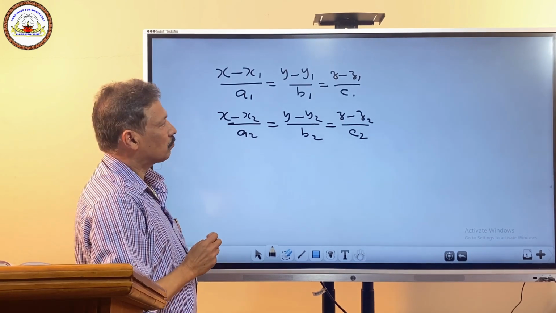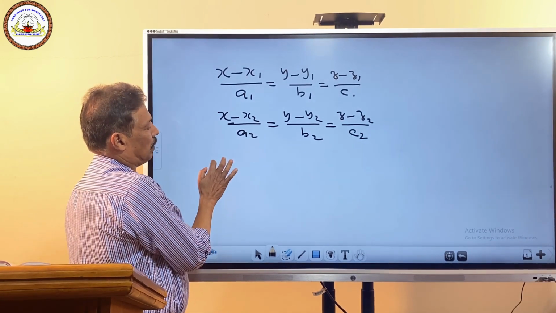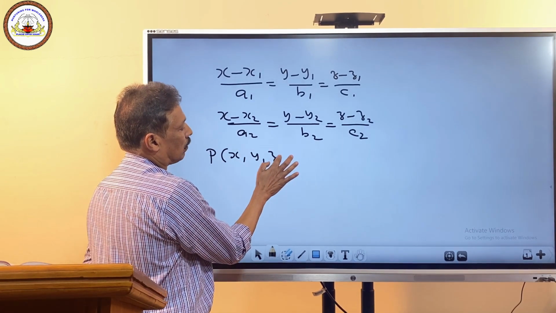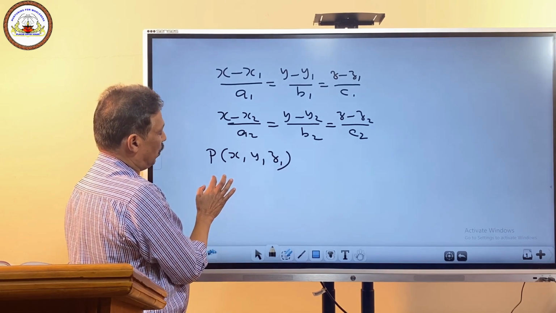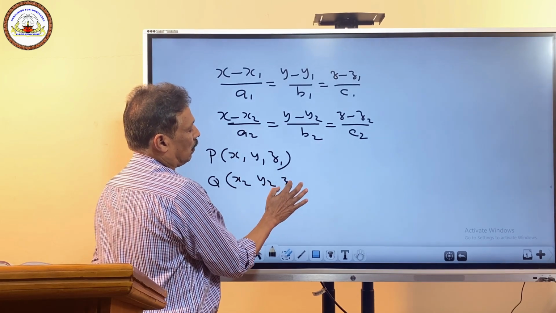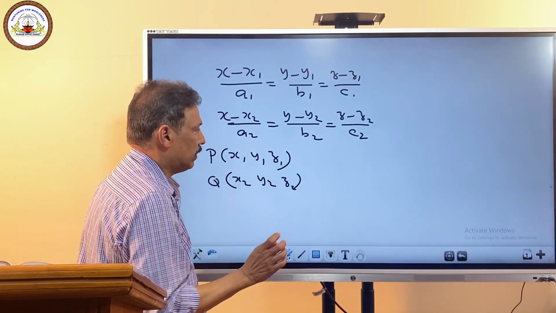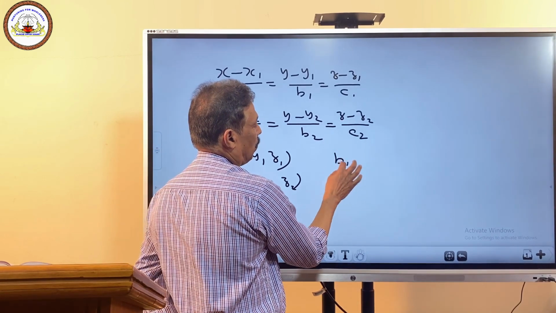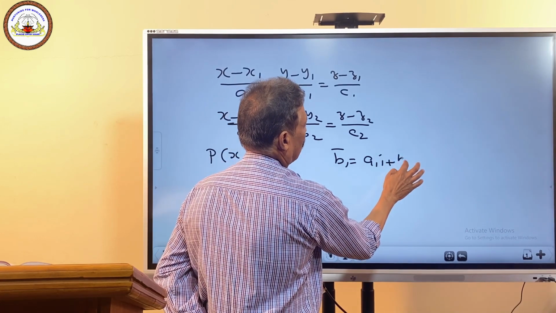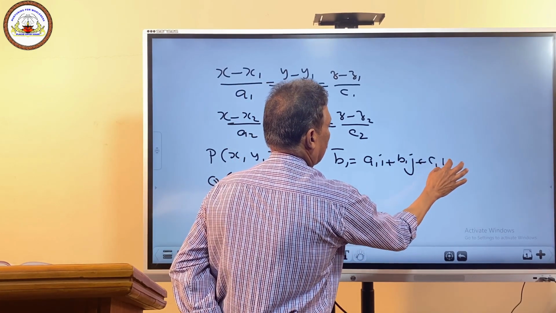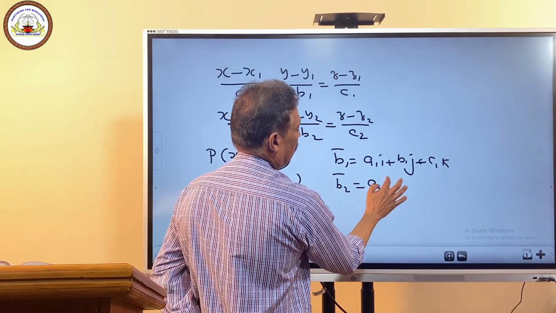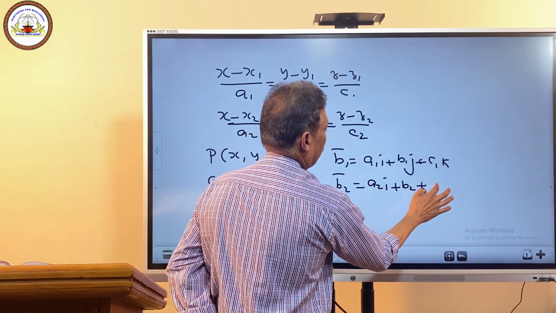Then here also the position vector of the first point P is x1, y1, z1. The second point Q is x2, y2, z2, and the vectors b1 bar equal to a1i plus b1j plus c1k, and b2 bar equal to a2i plus b2j plus c2k.